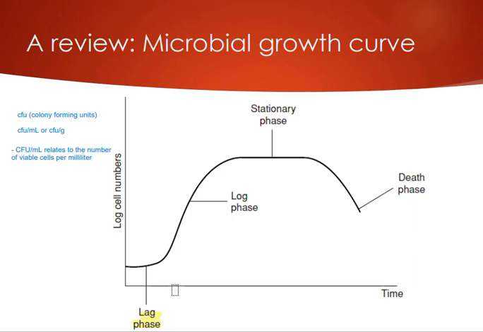So moving on, increasing the time, microorganisms will continue to the next phase, which is the exponential or log phase. After the lag phase, bacterial cells can enter into the exponential or log phase.